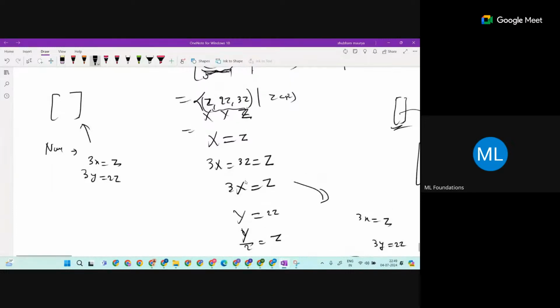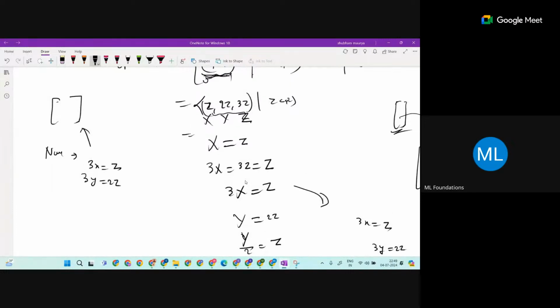If you change this, what will you get here? 3, 0, minus 1, and the second equation is 0, 3, and minus 2, and this is 0, 0, 0. Times X, Y, Z is equal to 0, 0, 0. This is going to be the correct one, right?